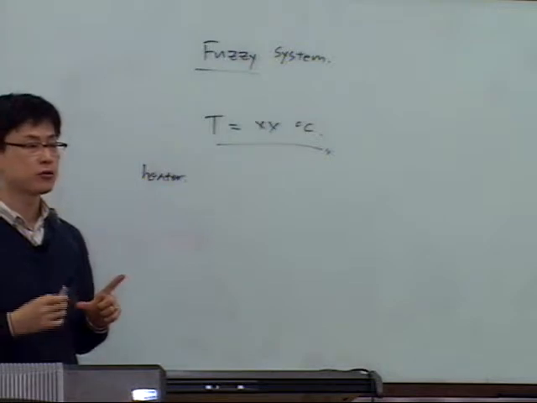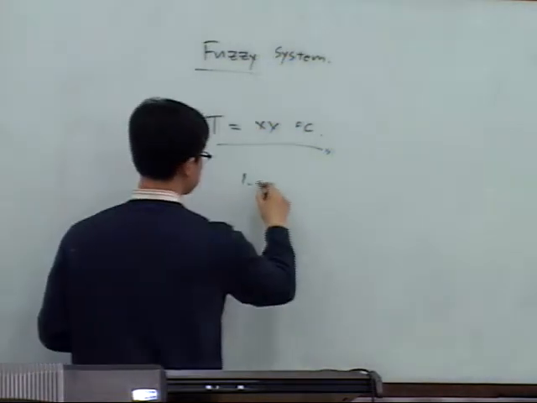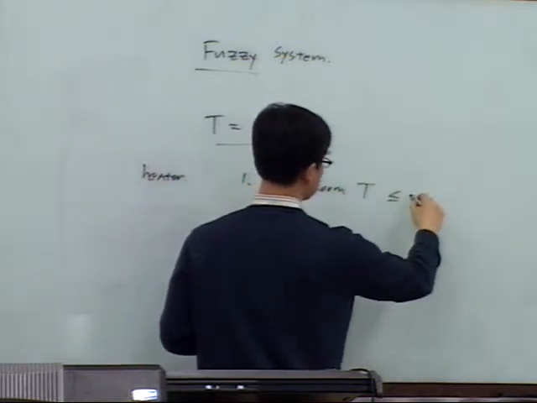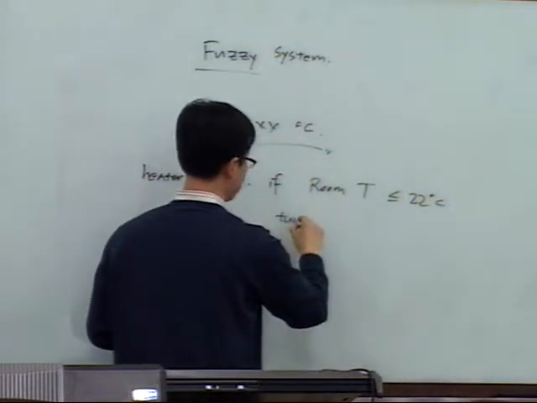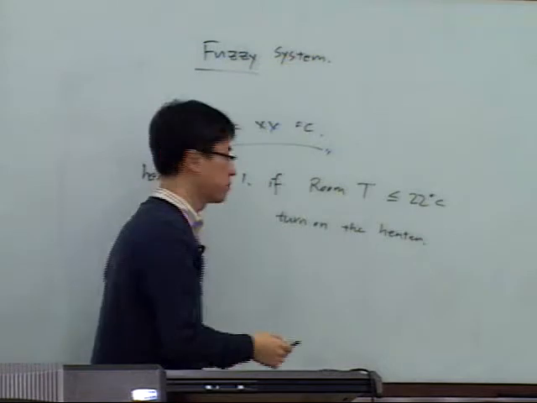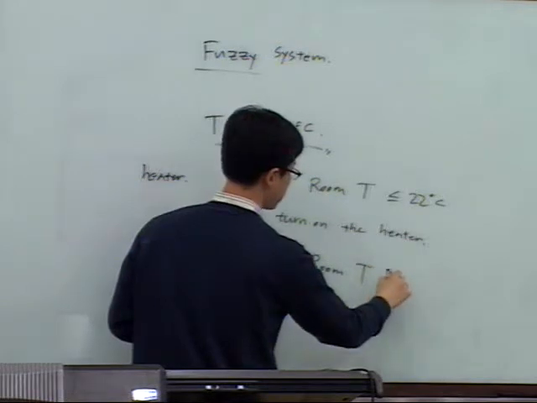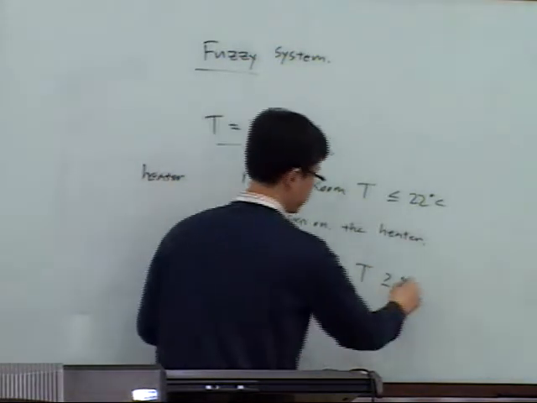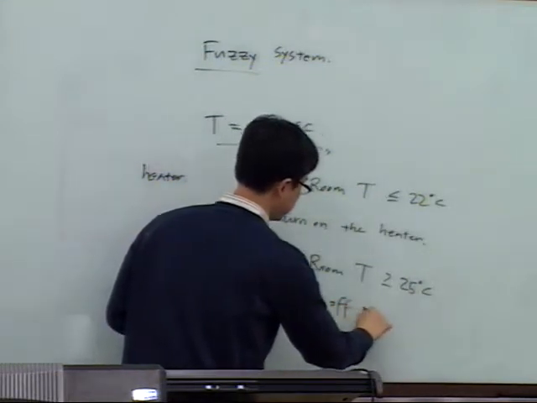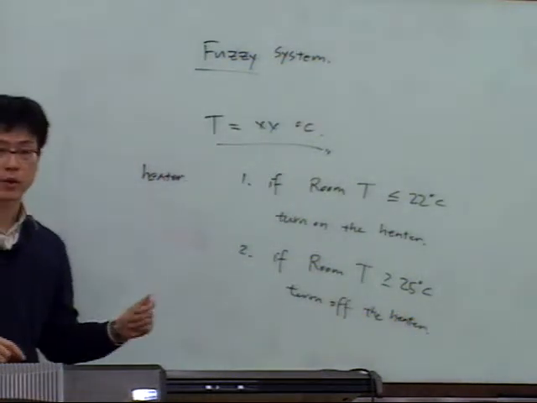If the room temperature goes below a certain amount, for example, turn on the heater. That's the program. And the second one is, if the room temperature goes beyond maybe 25, then turn off the heater. Okay?